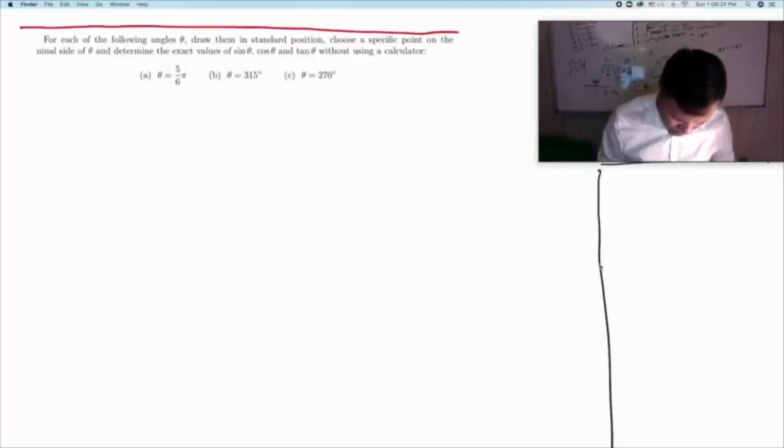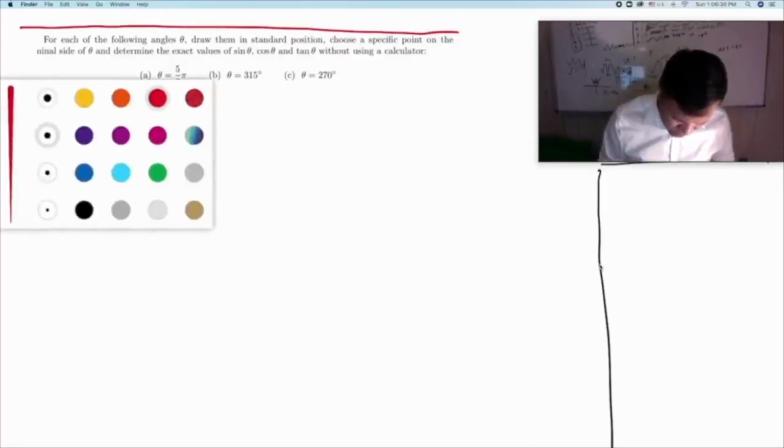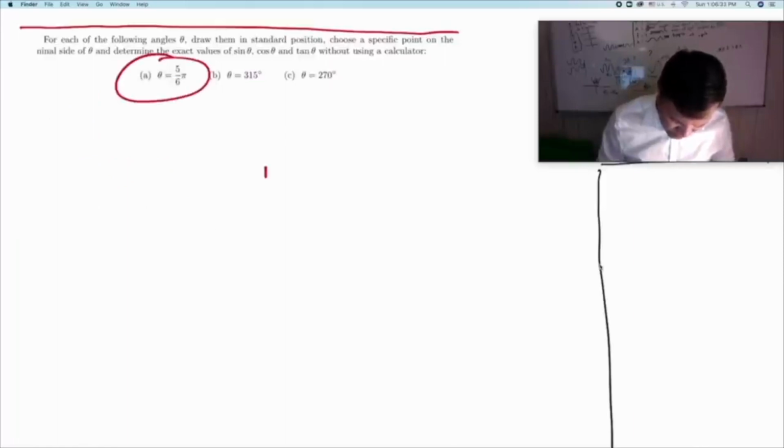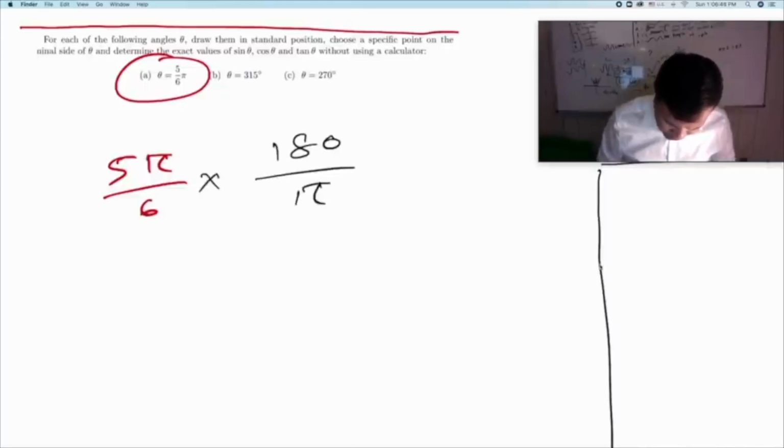So let's do the first one, and let's convert this when theta is 5 pi over 6. I want to show you first how you convert it to degrees. So 5 pi over 6 times 180 over pi. This is how you can convert it to degrees. Pi cancels, 6 goes into 180 30 times, so it is 150 degree.